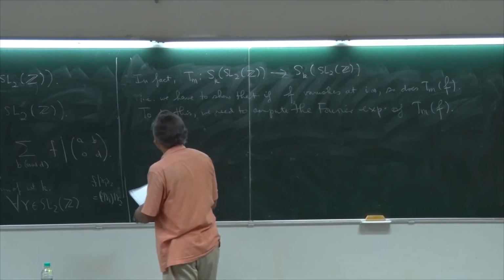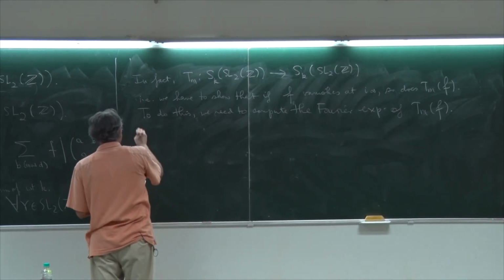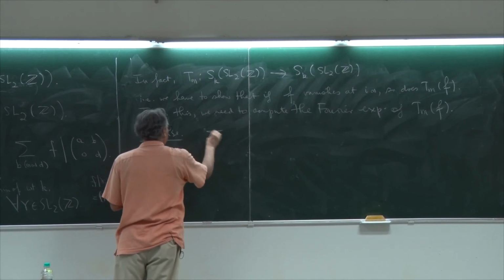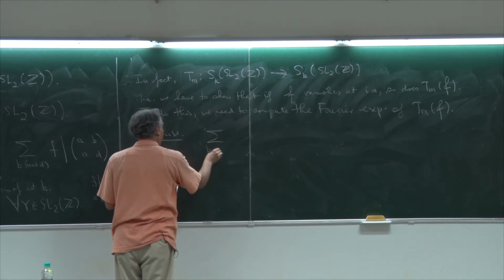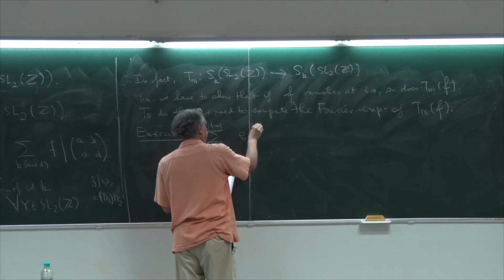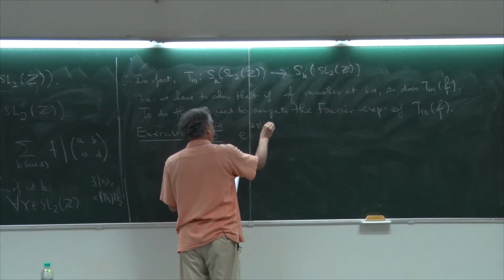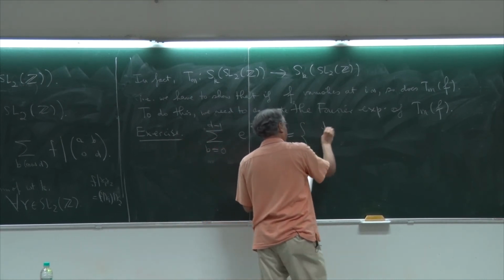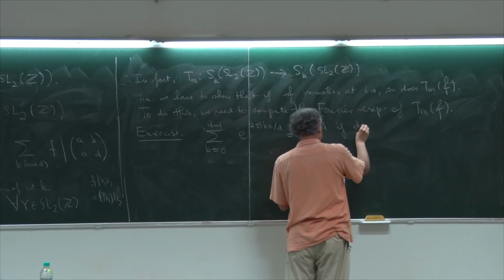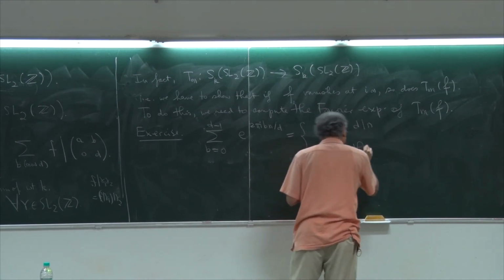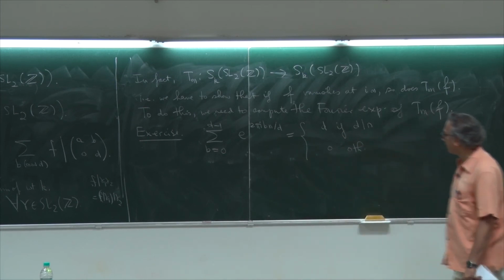A little elementary exercise before I start this: if I take the sum over the dth roots of unity, this looks very elementary.